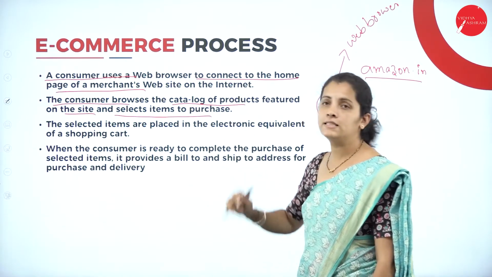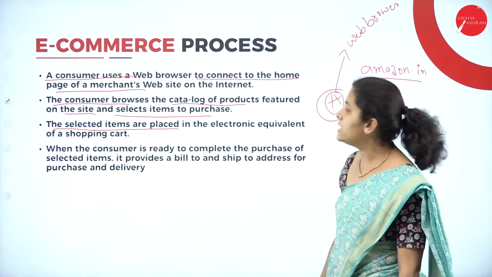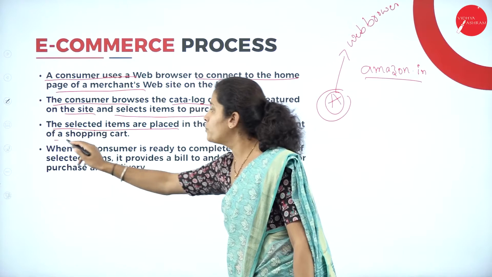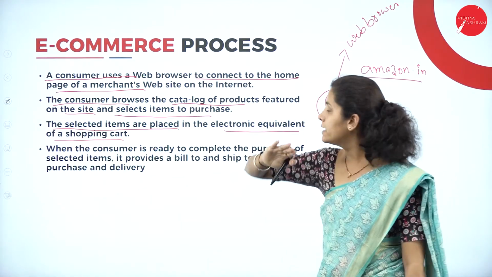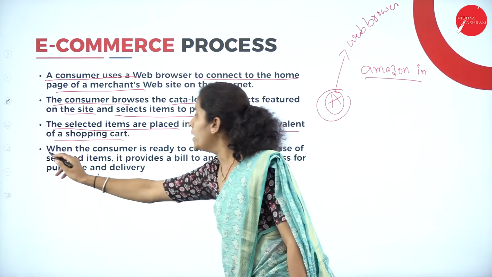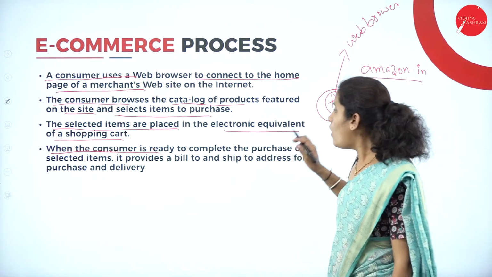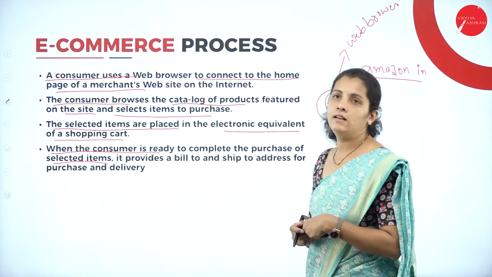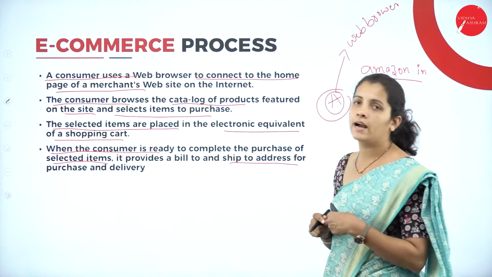Once the item is selected, the selected items are placed in the electronic equivalent of a shopping cart. Then, when the customer is ready to complete the purchase of the selected item, it provides a bill-to and ship-to address for purchase and delivery.